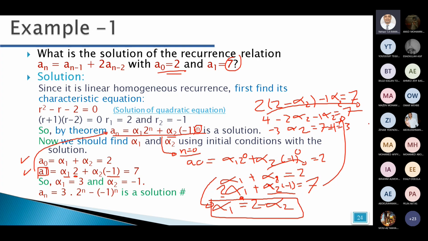So 3 divided by minus 3, alpha 2 equals minus 1. Now we can get alpha 1 from here. Alpha 1 equals 2 minus alpha 2, which is 2 minus minus 1, so it becomes plus 1, which equals 3. So we find that alpha 1 is 3 and alpha 2 is minus 1.